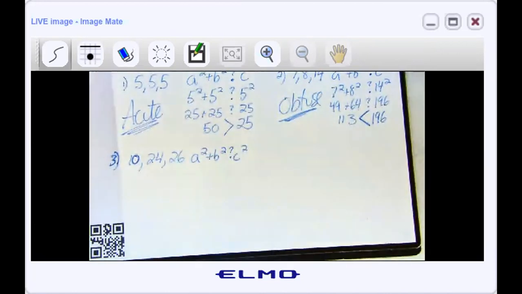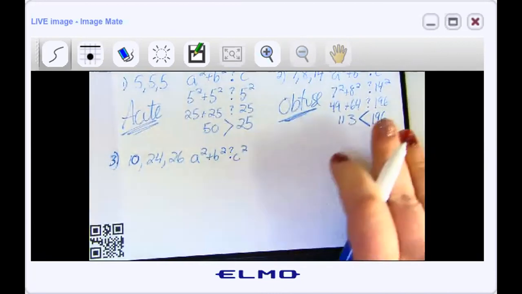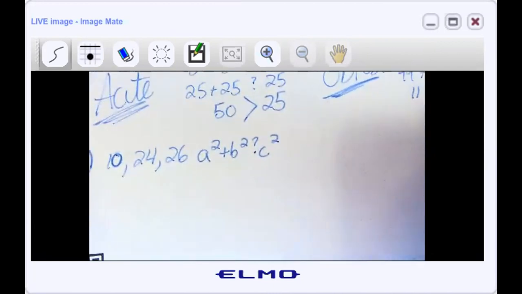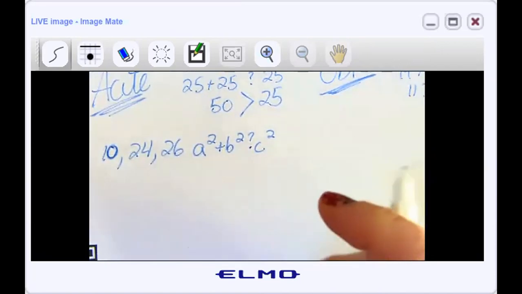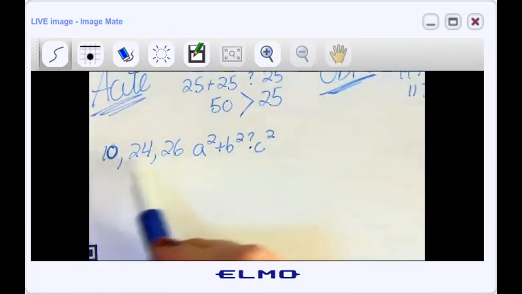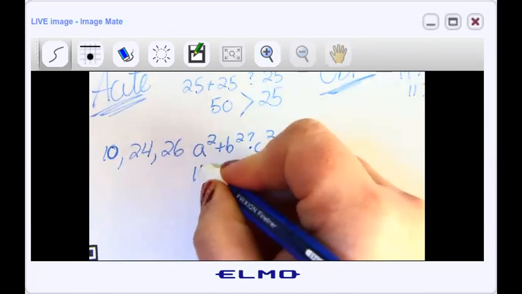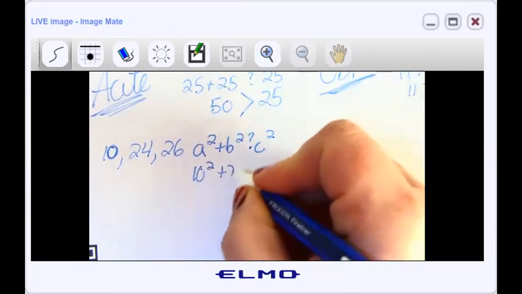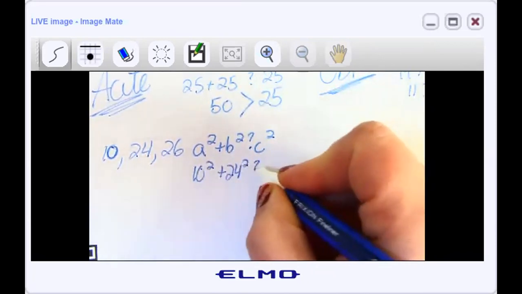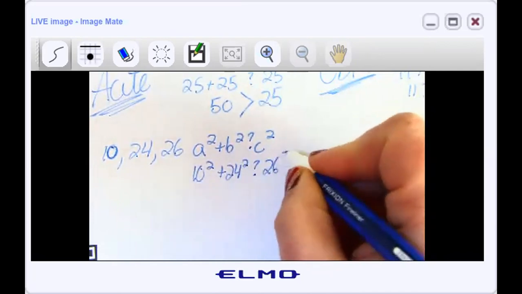Oh, I got one answer, and it's a correct answer. And the correct answer is right. So let's look. Again, just do a quick check and make sure that your biggest number, which in this case is 26, is going in for C. So I need to check 10 squared plus 24 squared. How does that compare to 26 squared?